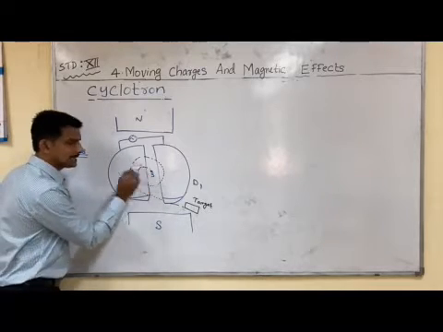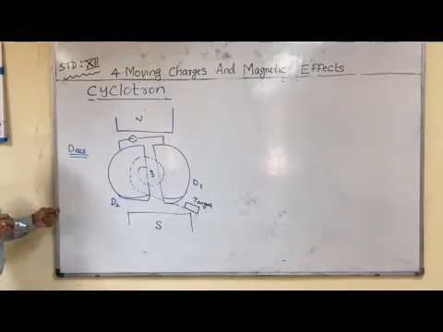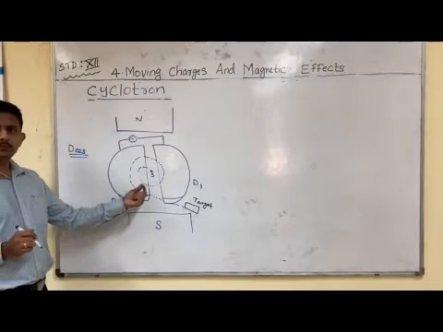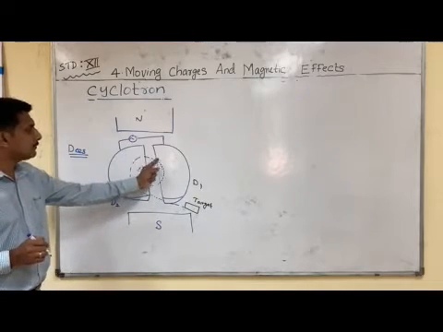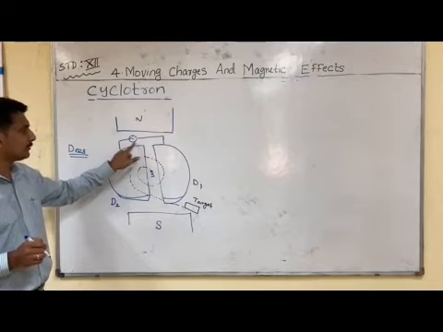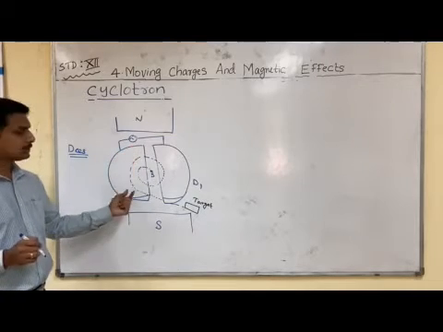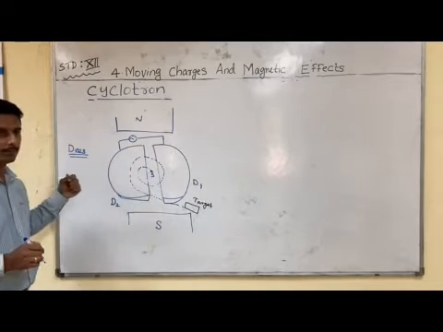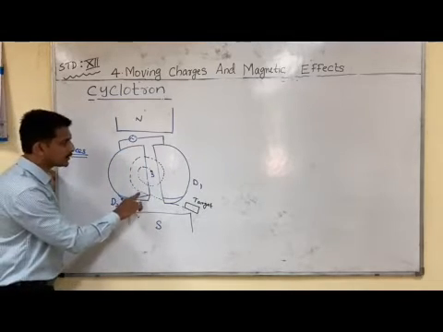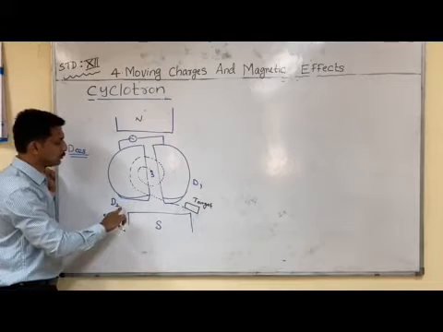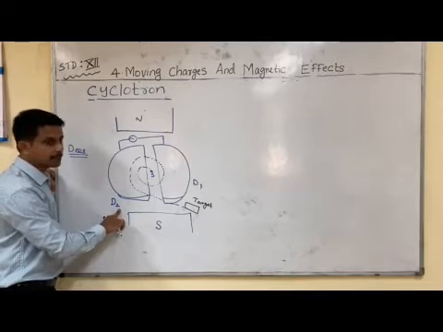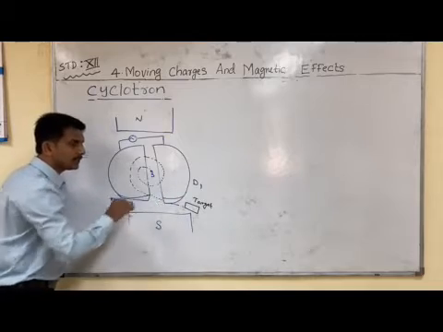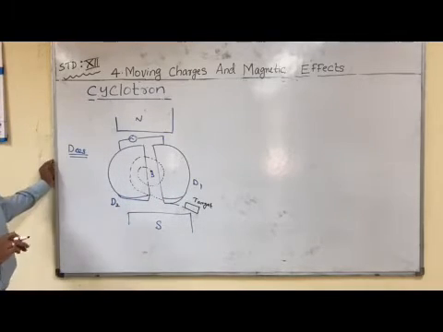So let us see how this works. S represents the source, which emits the positively charged particles. The Ds are connected to a high voltage oscillator, which provides the electric field. At an instant, initially, D2 is negatively charged, a negative potential, and D1 is at a positive potential.